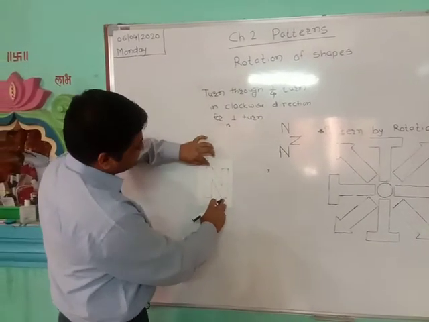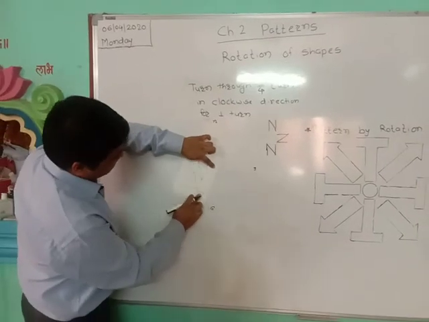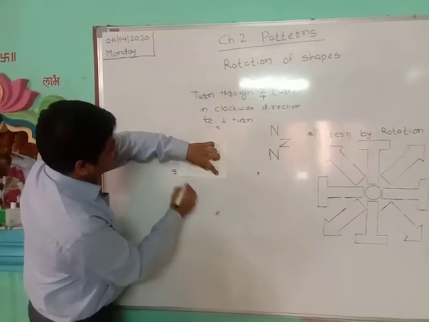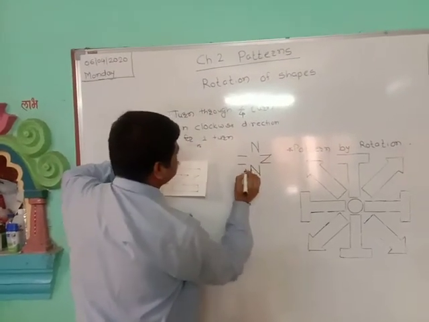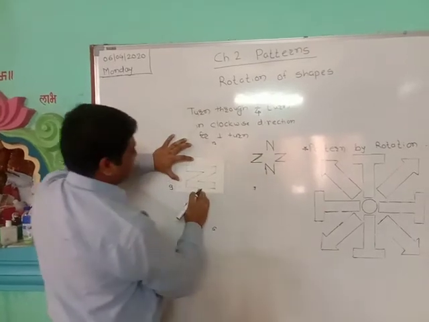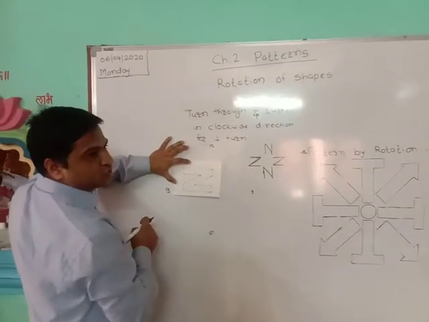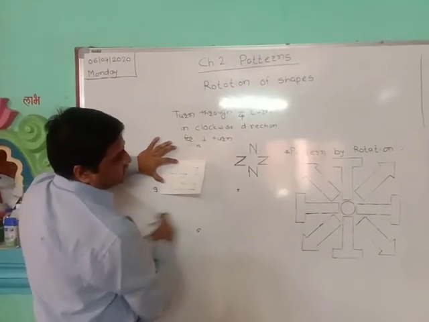After that we are going to turn N from 6 to 9. At this position you can see that it's looking like Z, almost Z, and then it comes again to the original position, looking like the 3 position again.